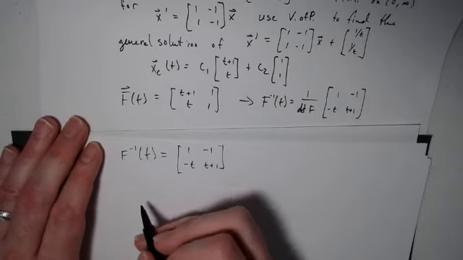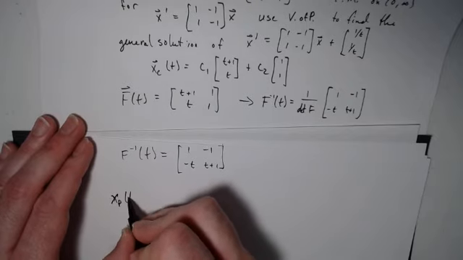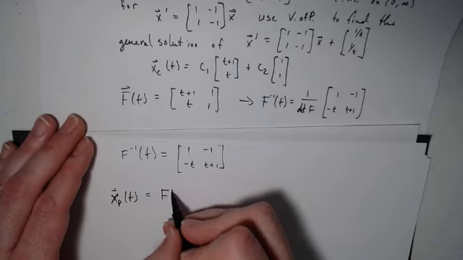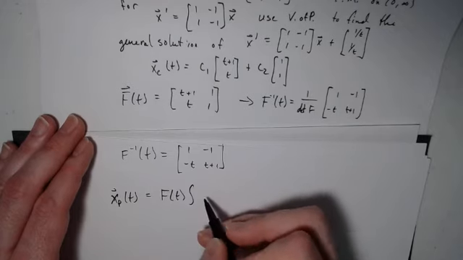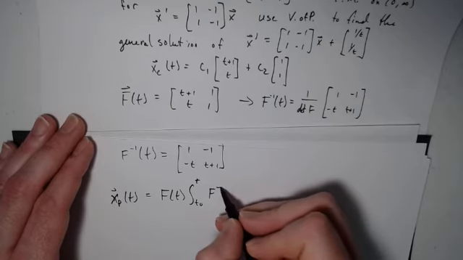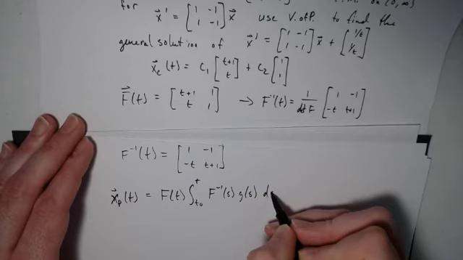Now we use our variation of parameters formula. Xp of t equals f of t times the integral from t0 up to t of f inverse of s times g of s ds.